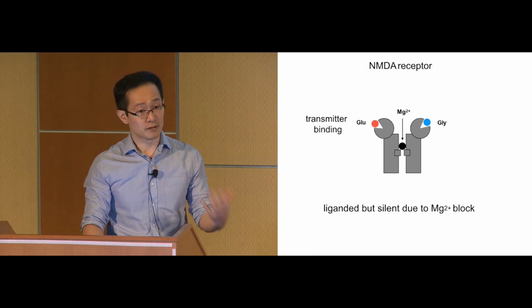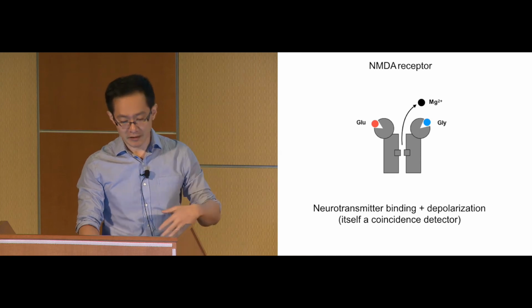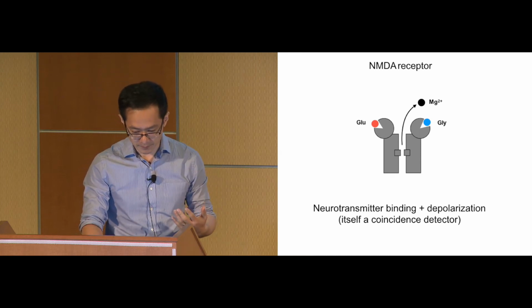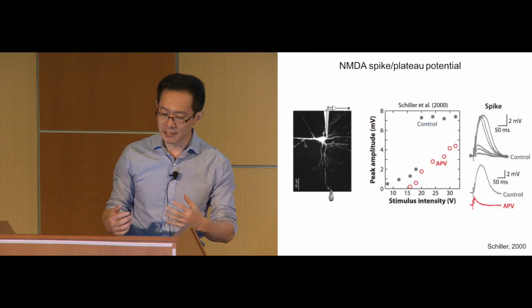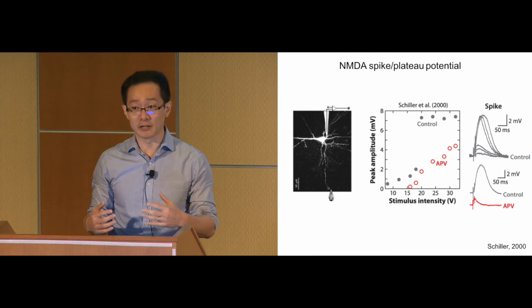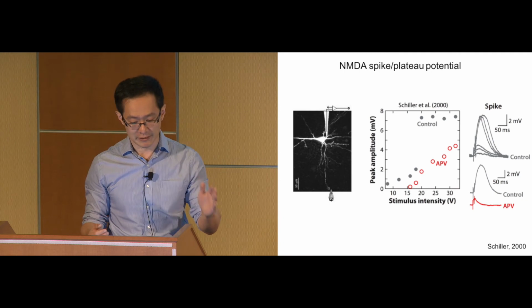And in order for the ion to pass through the pore, the magnesium needs to be removed, and you need depolarization. So it is itself a coincidence detector. It has been shown that NMDA receptors can also generate regenerative NMDA spikes in local dendrites.